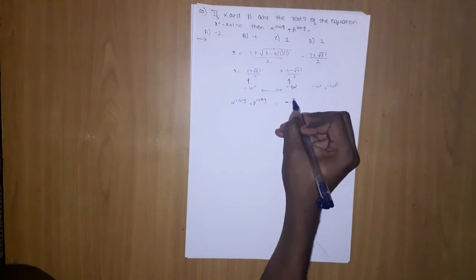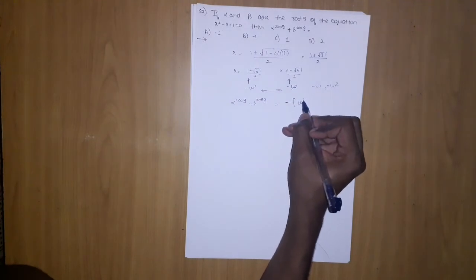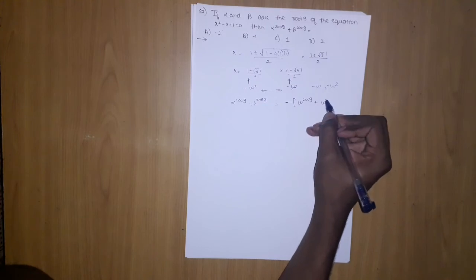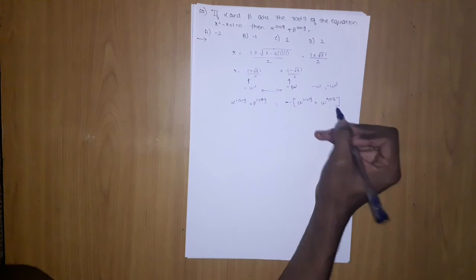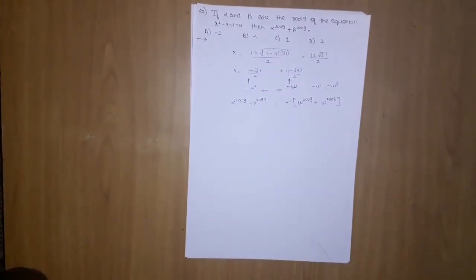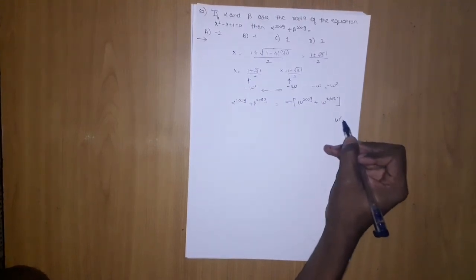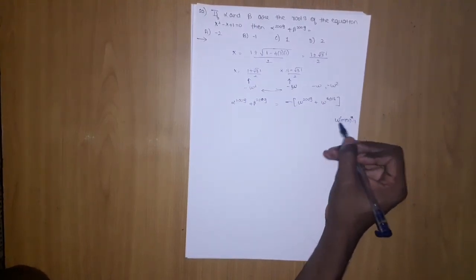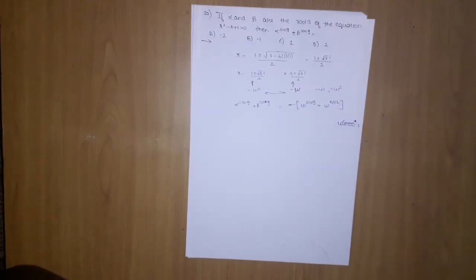If I take common outside, then it will be omega upon 2009, and this will be square, so it will be omega upon 4018. Now to find the minimum remainder, we know that omega cube is 1. This is taught in the complex numbers chapter.